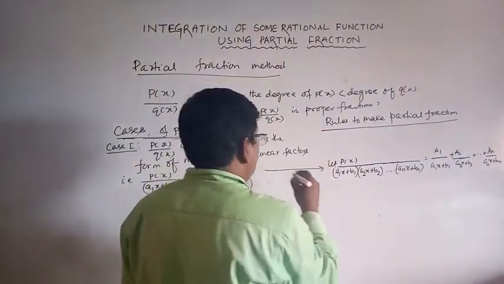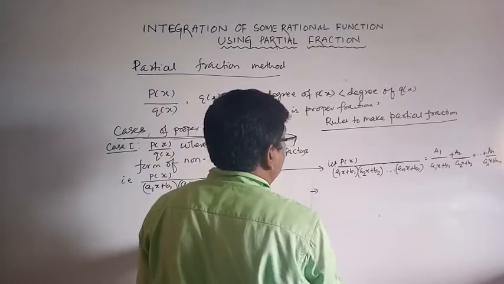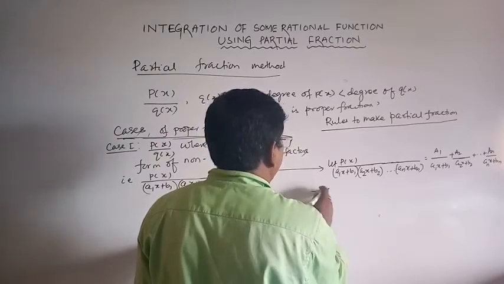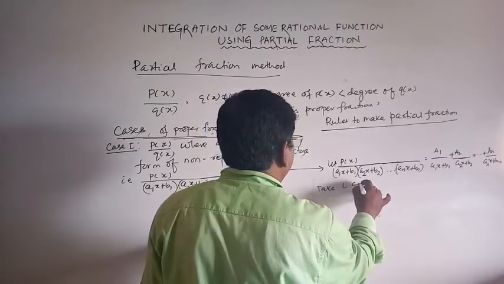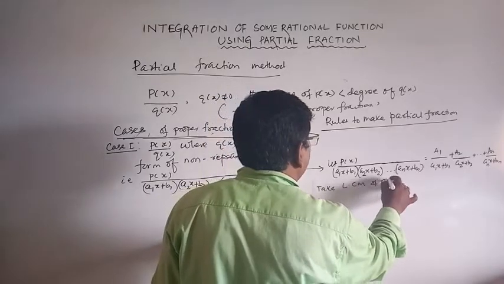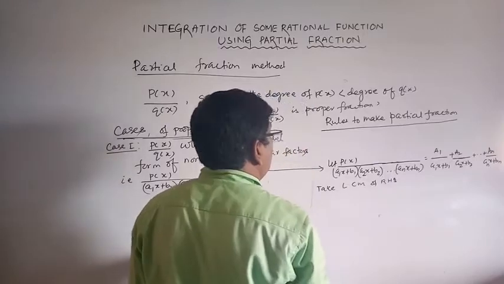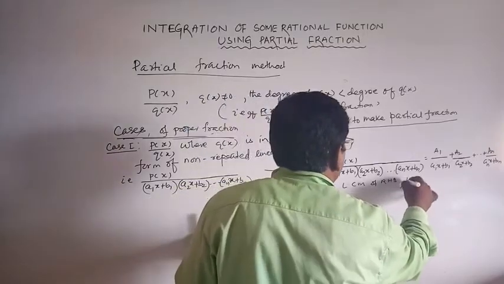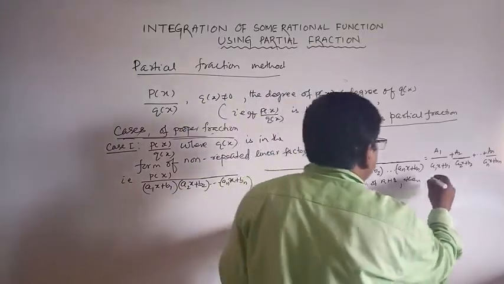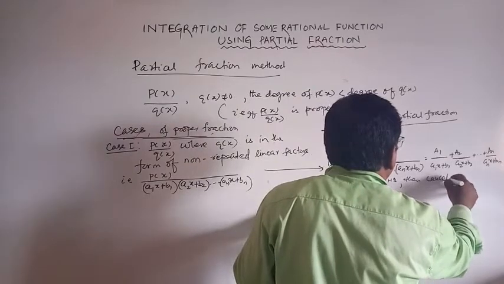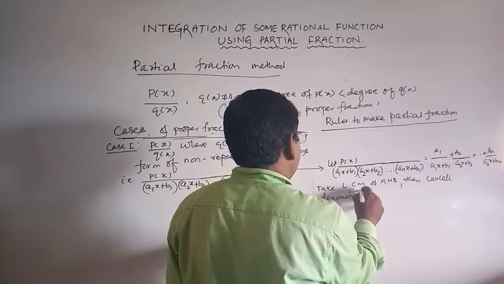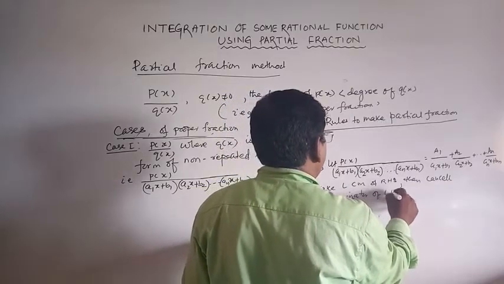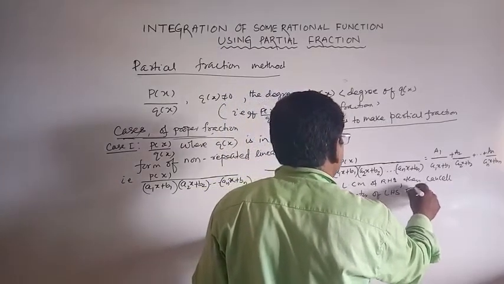And what is the rule? Take the LCM of the RHS and then cancel the denominator of LHS and RHS.